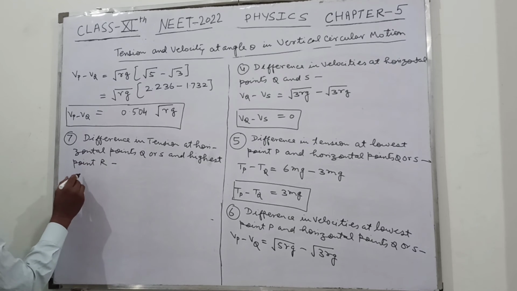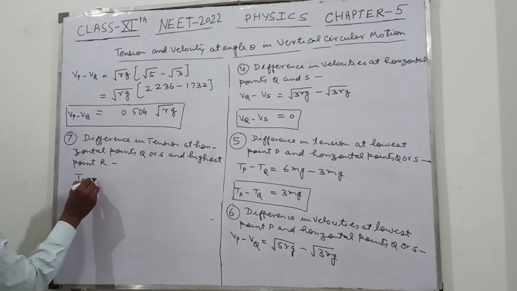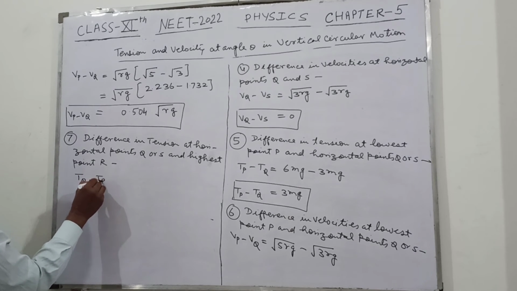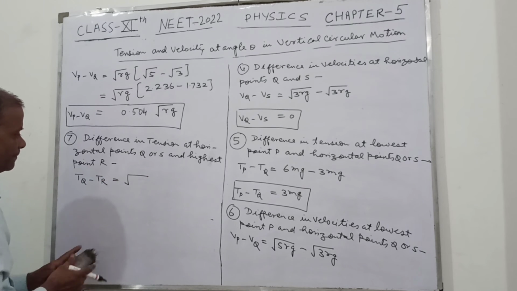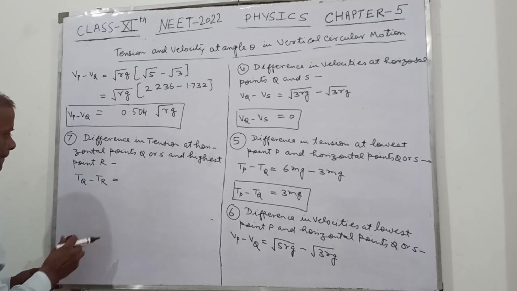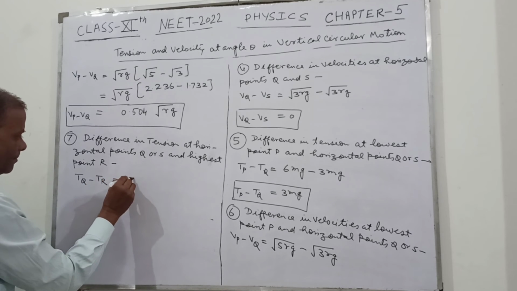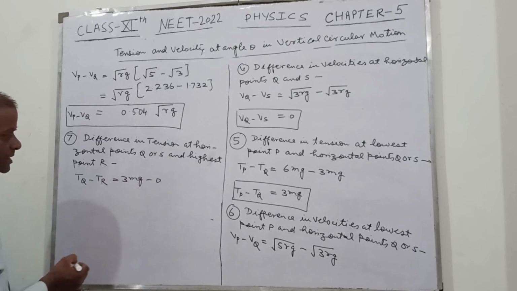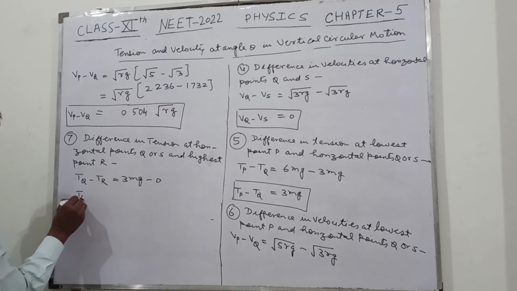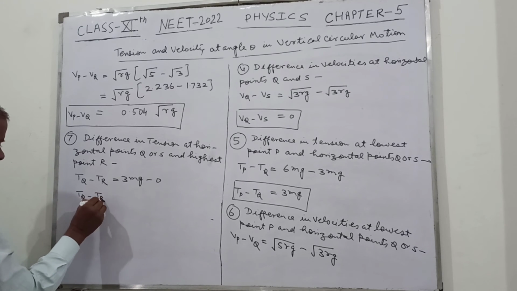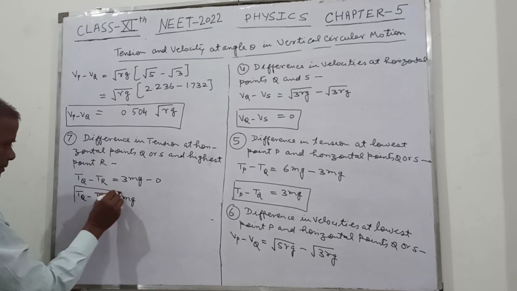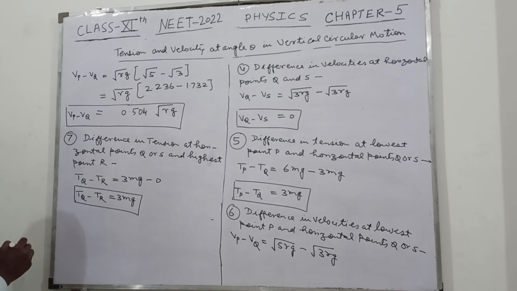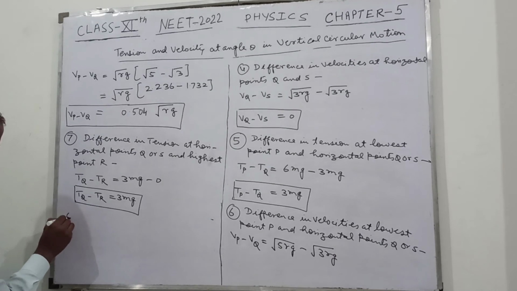This means that you are getting TQ minus TR. TQ is equal to 3 mg, and tension at R is 0. So TQ minus TR is equal to 3 mg.